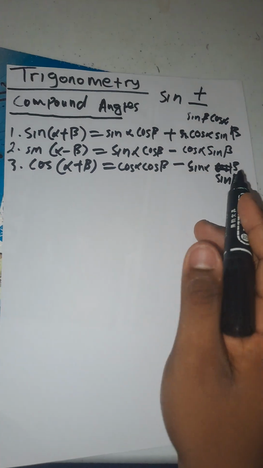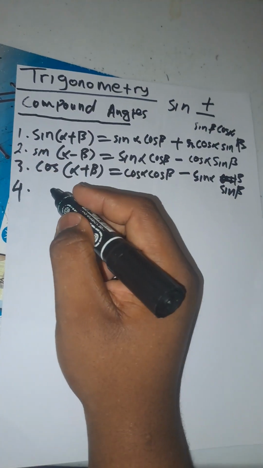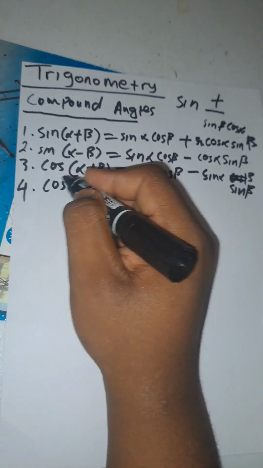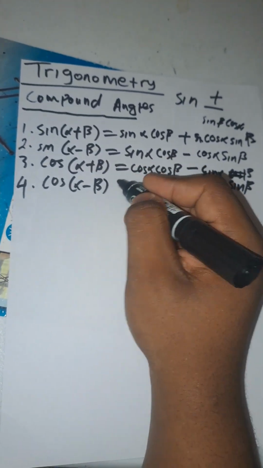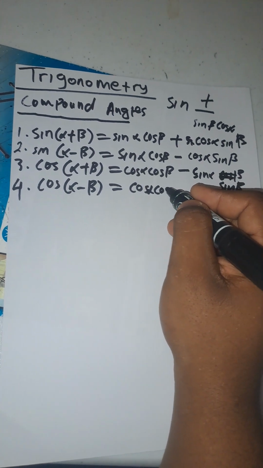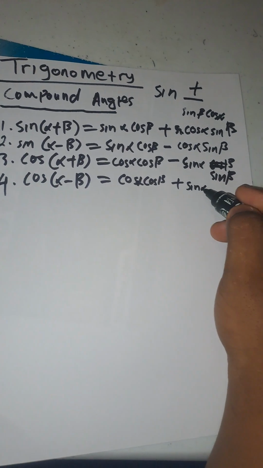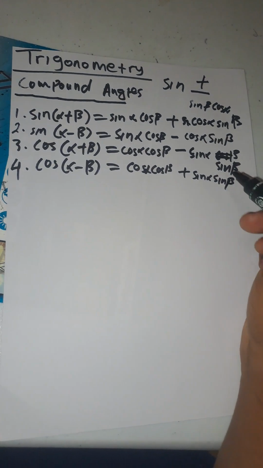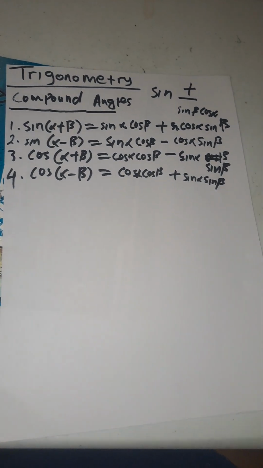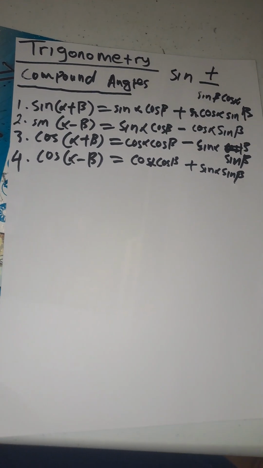And if here it is plus, there it is minus. Then number 4, the last one: cos alpha minus beta is equal to cos alpha cos beta, but you're going to say plus sine alpha sine beta. You see, that's how you apply them. Those are the compound angles, and that is how you apply them.